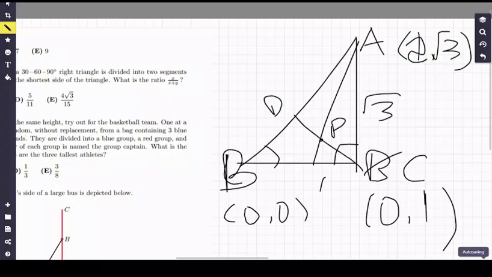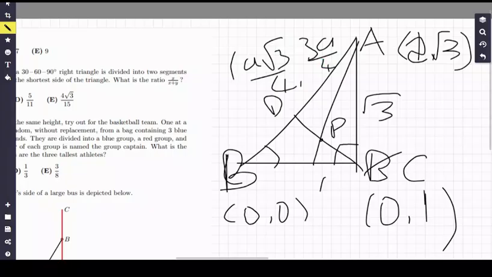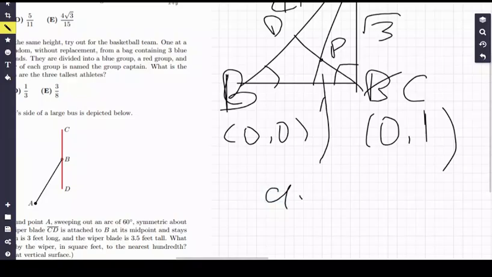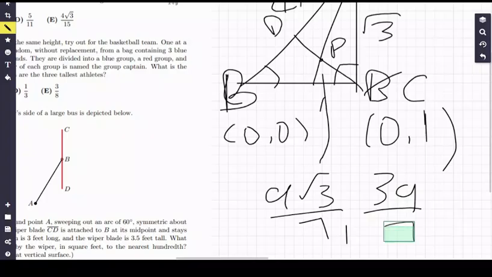So now this would be A root 3 over 4 and 3A over 4, because we're writing it in terms of A. Now P, this point, you will get A root 3 over 7 and 3A over 7, because we're being asked about the median.